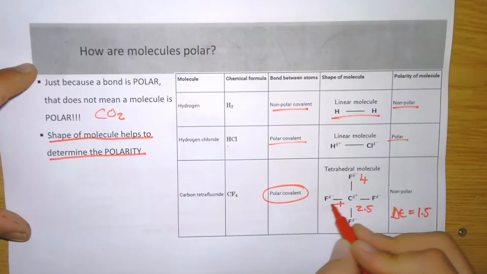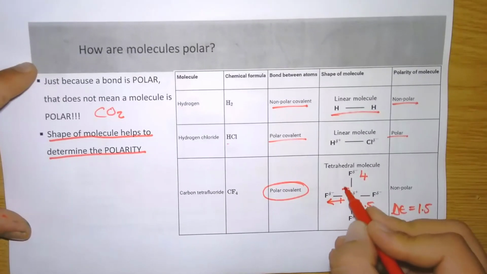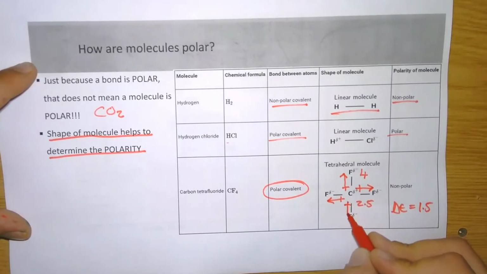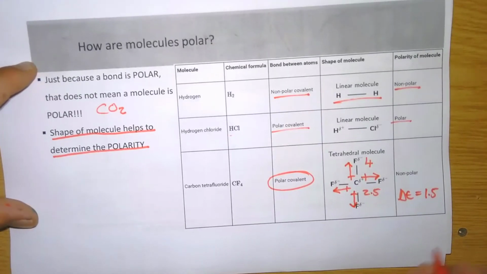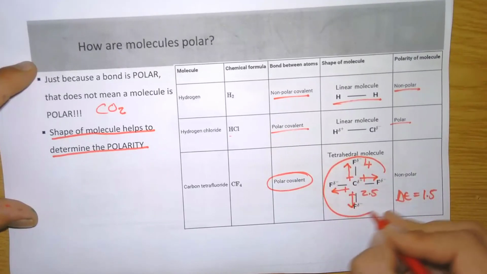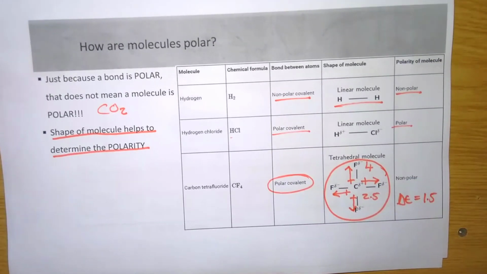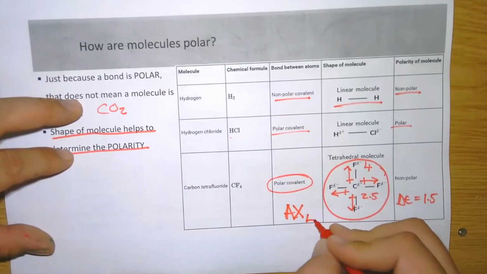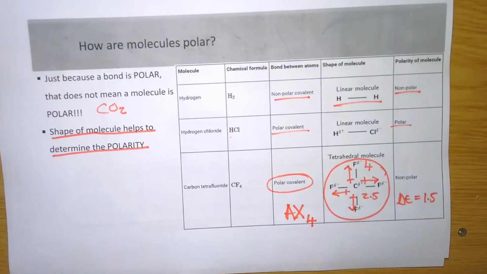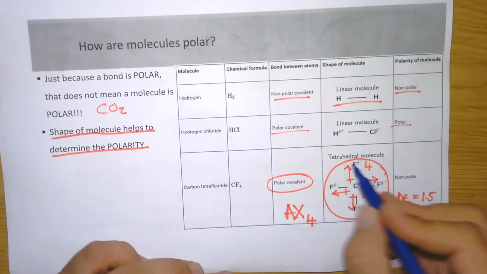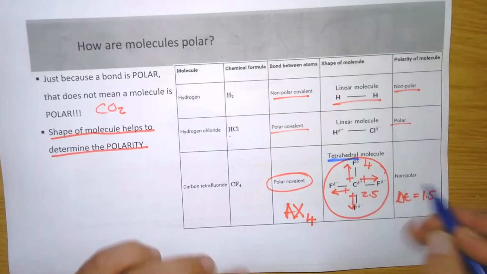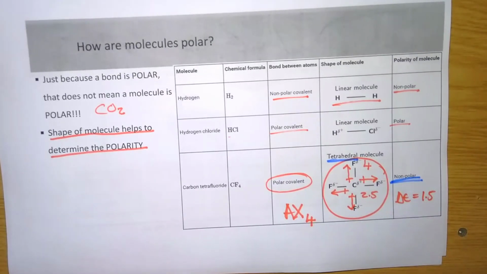But the shared electrons in each case spend more time around the fluorines than they do around the carbon, making the entire outside of this molecule slightly negative, and it's got the general formula of AX4, which means that we are dealing with a tetrahedral molecule, so therefore ideal shape and a non-polar molecule.